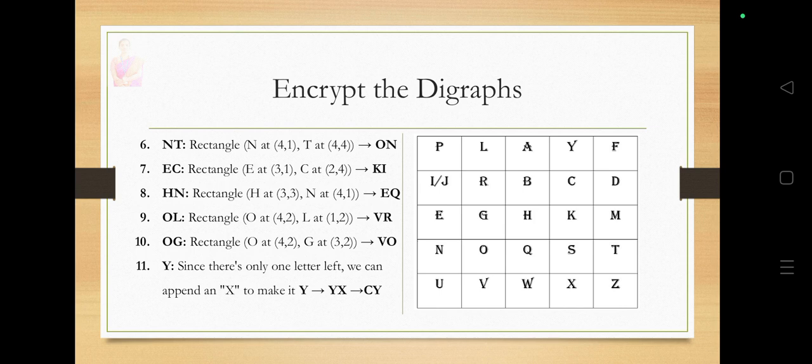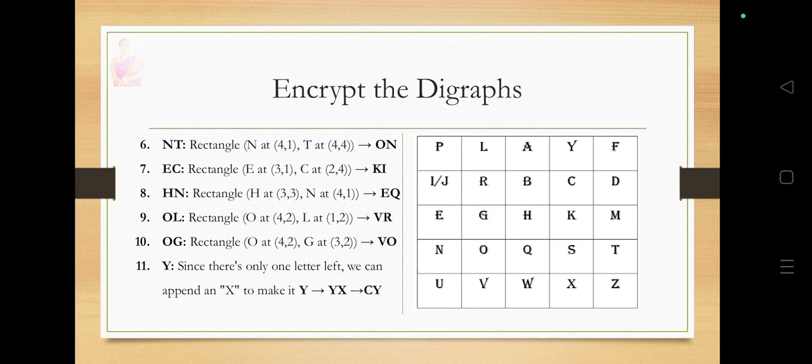If it belongs to the same column, you have to take the below letter. And if it is not located in the same row or same column, you have to make a box, and then take the intersecting letters, which will give you the answer.